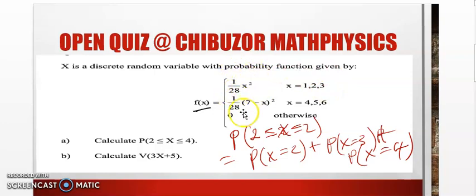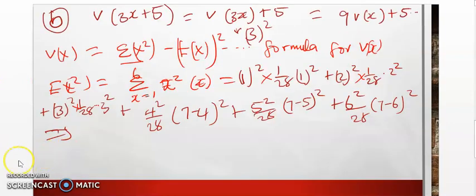Then when we reach here, we have 4, so it will simply be 4 squared, 4 over 28 here now, then multiply by 7 minus x squared. So that is what we have done here.